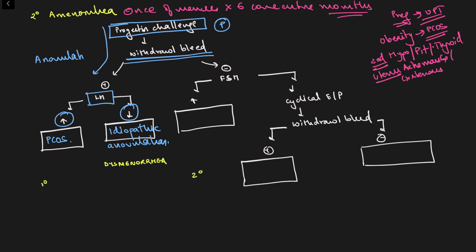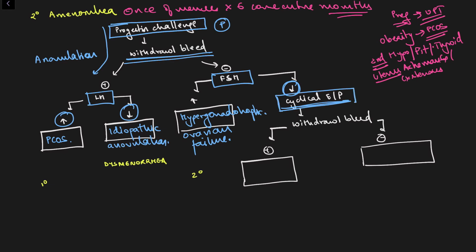If even after progesterone there is still no bleed, we look at the FSH levels. If FSH levels are increased, then this is hypergonadotropic hypogonadism again, or ovarian failure. Right, but if FSH is decreased, then we give cyclical estrogen and progesterone. Right, first we give progesterone, then we give progesterone plus estrogen.